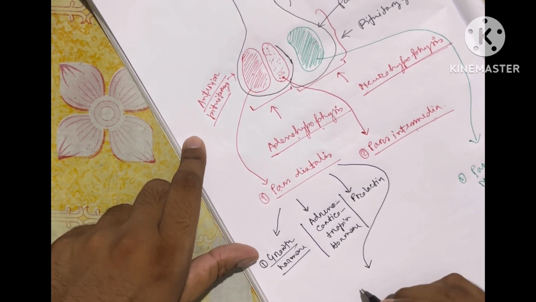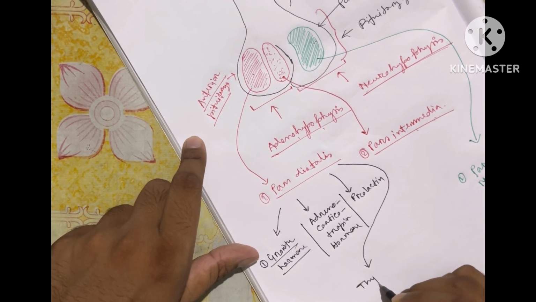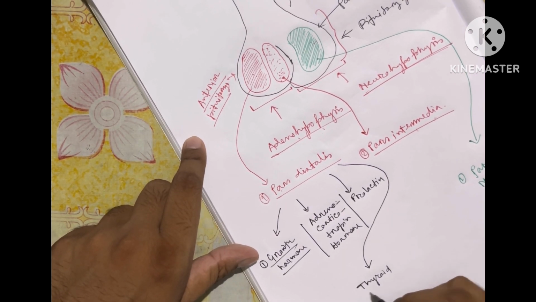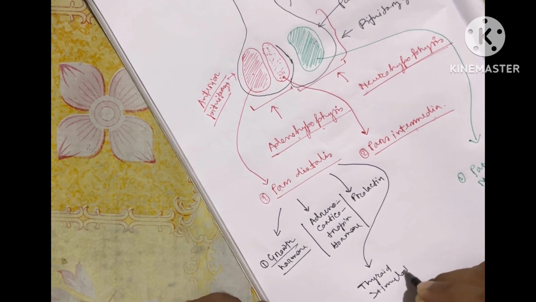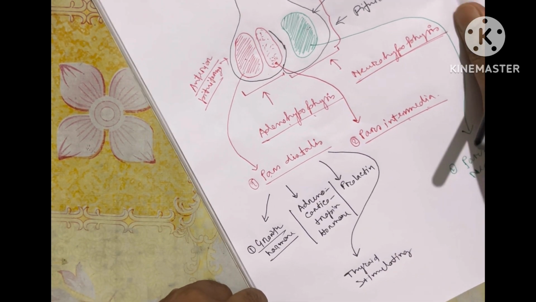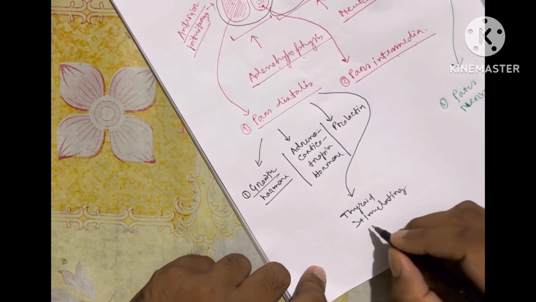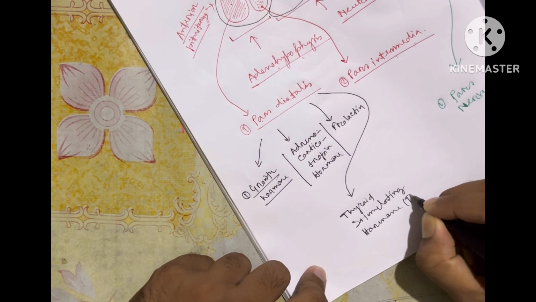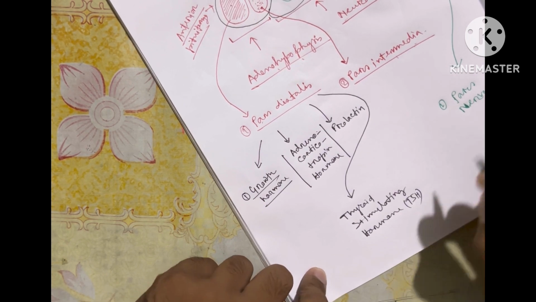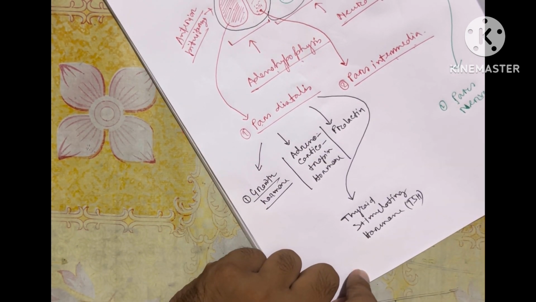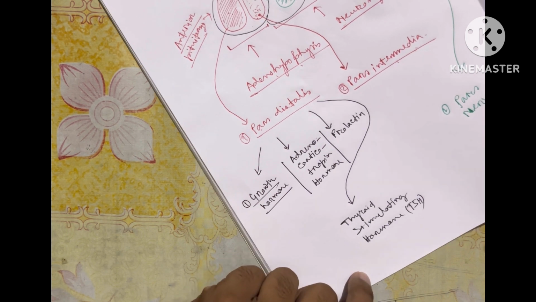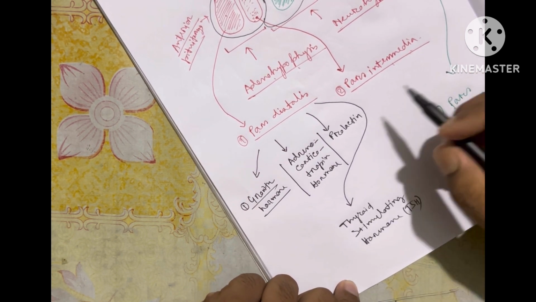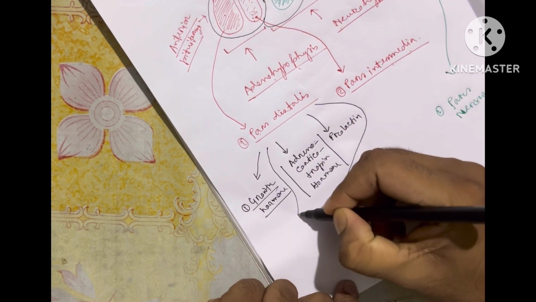This is called the TSH or thyroid stimulating hormone, or shortly TSH. What are the other different hormones? It secretes lots of hormones. What are the others?